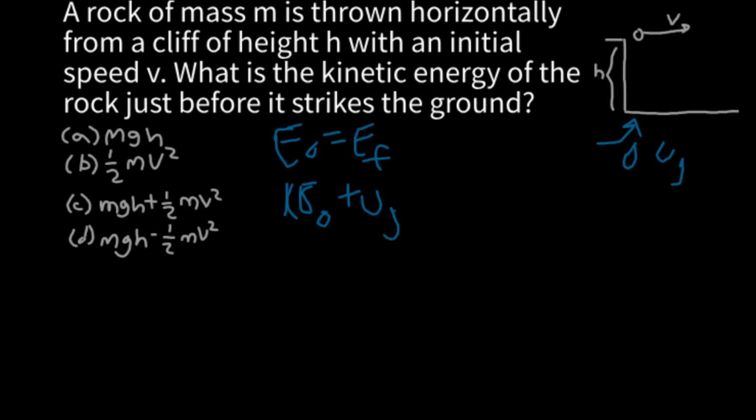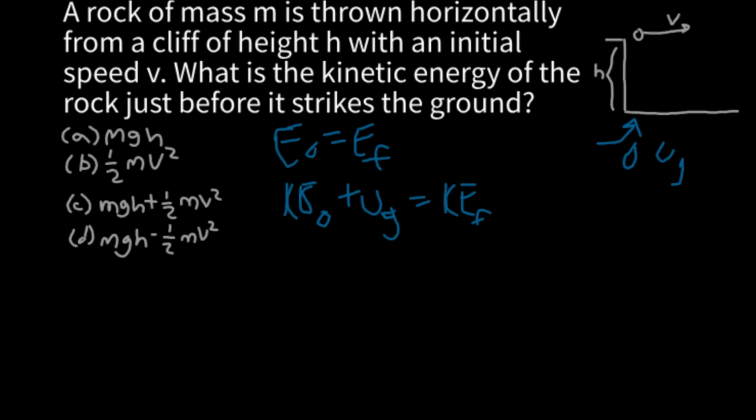And our final energy, we are solving for kinetic. So when the rock strikes the ground, or just before it strikes the ground, we're saying that little bit of height above that 0 line is practically negligible, so the only final energy we have is kinetic. So this right here is actually what we are solving for.